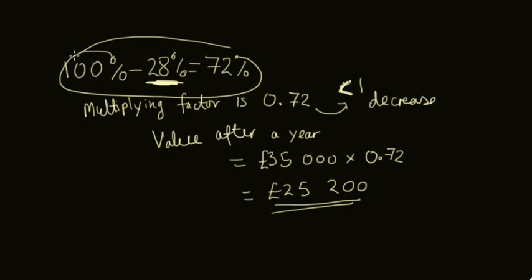So we take the 100% is the whole, we take away the amount that's lost, and this is the amount of value of the car that's left. There's still 72% of the original value still in the car, and it's the value that's still in the car that we want to calculate. That's why we use the 0.72 as our multiplying factor. I hope that makes sense.